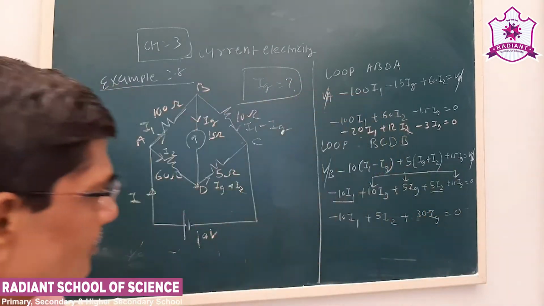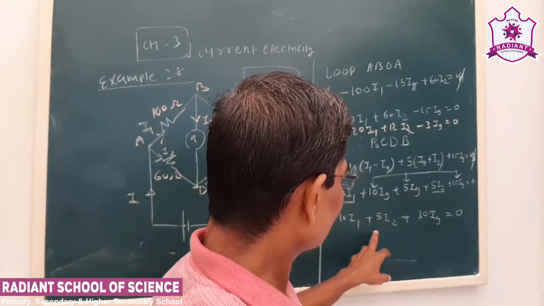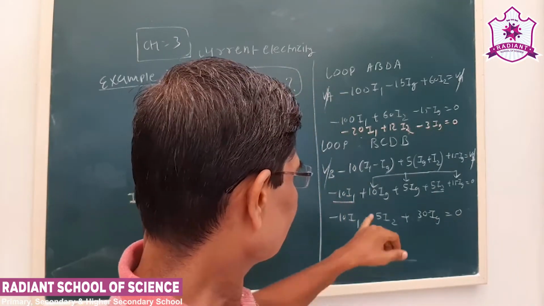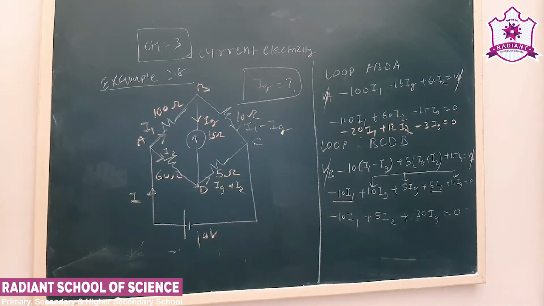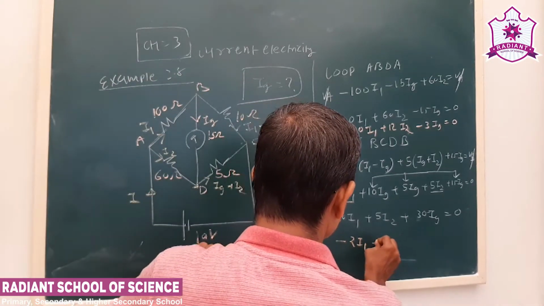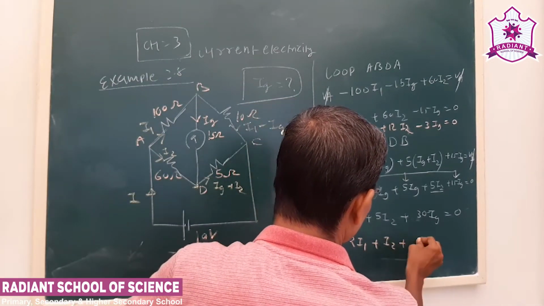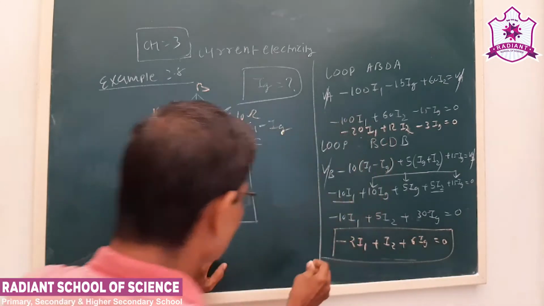That is minus 10 I1, the only I2 term is 5 I2, and 10 plus 5, 15 plus 15, 30 Ig. Again these are all multiples of 5, so we divide by 5: minus 2 I1 plus I2 plus 6 Ig. That is the second equation.